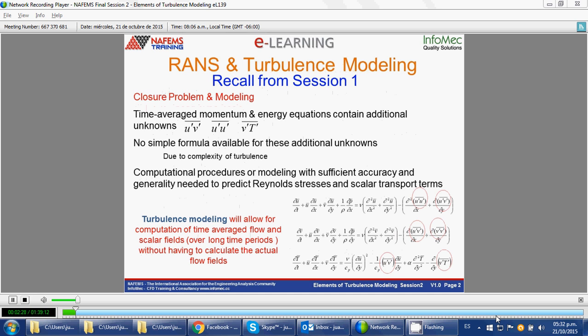If you recall from session 1, we said that if you look at the velocity component or temperature or pressure, you could put any of those parameters into two components. One is time averaged, for example, and then the next one would be the fluctuation at any instance from that average.